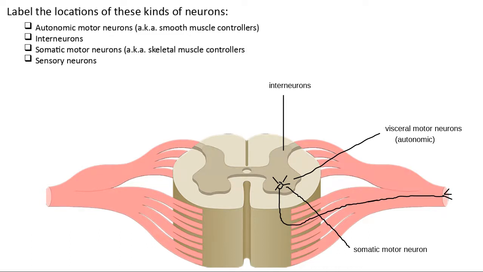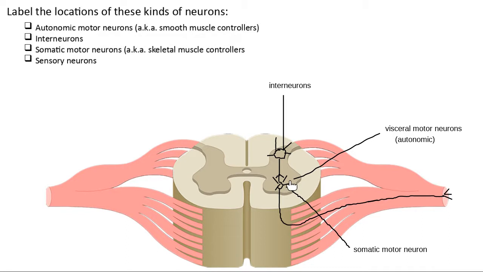Let me try to draw us one here. They receive information and they send that information to the correct motor neurons. So here's my interneuron that's receiving information, it's processing it, and then it sends that information either to a somatic motor neuron that does skeletal muscle, or to a visceral motor neuron that would control smooth muscle inside organs.